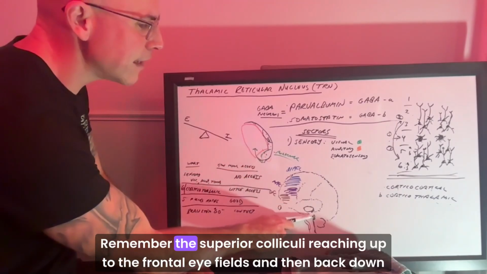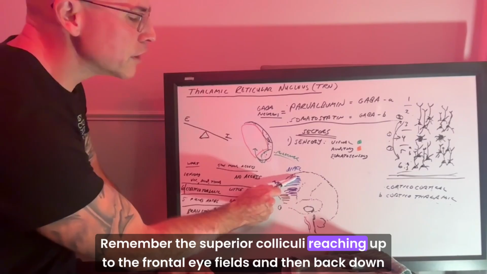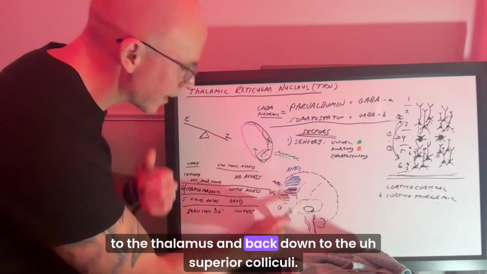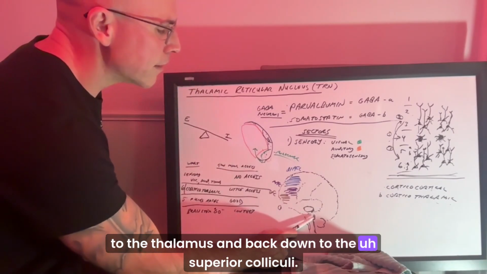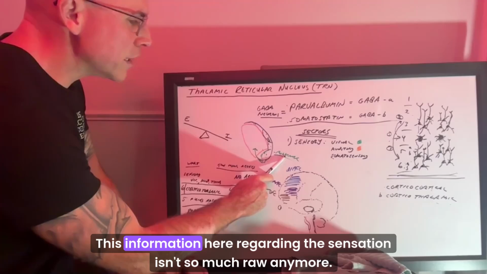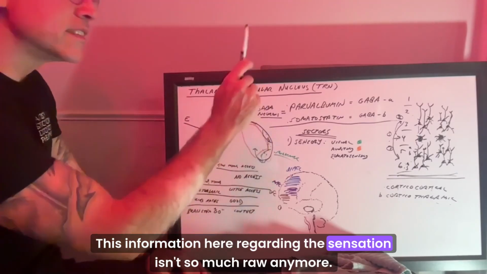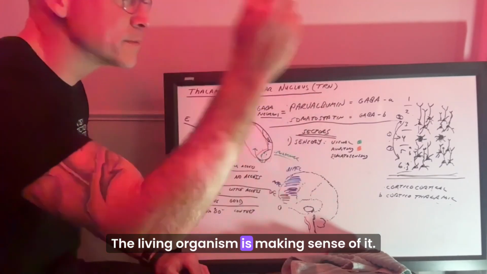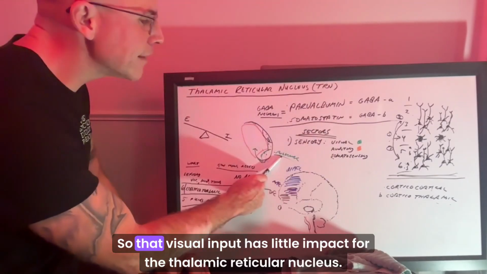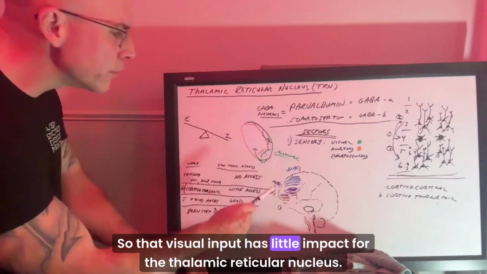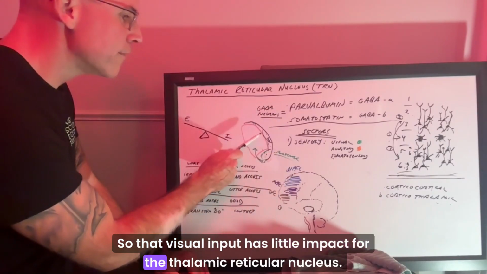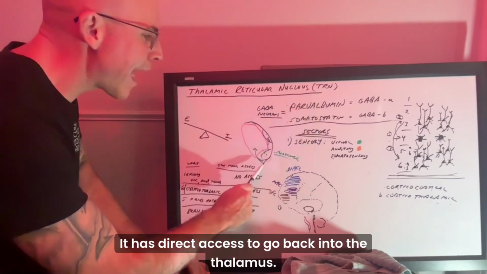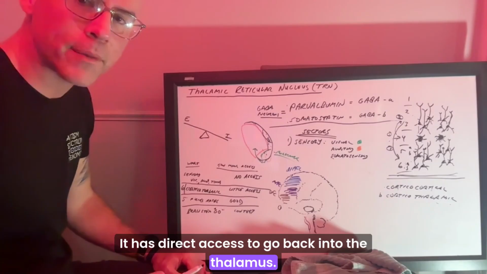Remember the superior colliculi reaching up to the frontal eye fields and then back down to the thalamus and back down to the superior colliculi. This information regarding the sensation isn't so much raw anymore. The living organism is making sense of it. So that visual input has little impact for the Thalamic Reticular Nucleus. It has direct access to go back into the thalamus.